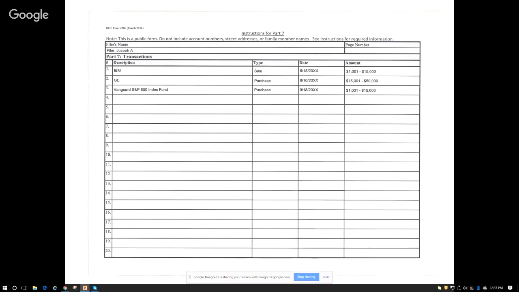OGE has left it up to the agencies as to how they want to handle this reporting requirement. Under the statute, the filer is not required to report this during the year. But you know what? It may be easier if the filer does just continual 278Ts, and that way the filer doesn't have to go back in time when the annual report is due and come back with all that information.